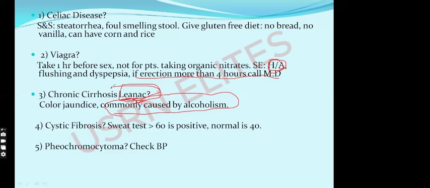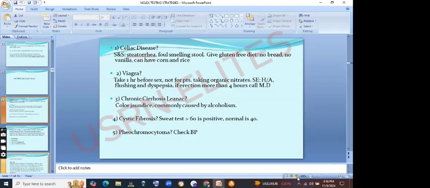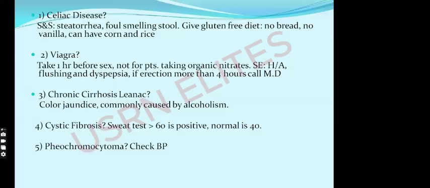It crosses the blood-brain barrier and causes altered mental status in the patient. Yes, that is true. We have a name for it. Who remembers? Hepatic encephalopathy. Good, good. Hepatic encephalopathy.